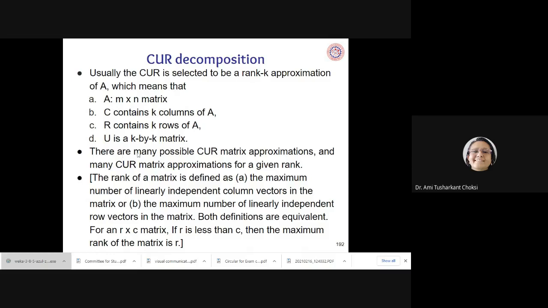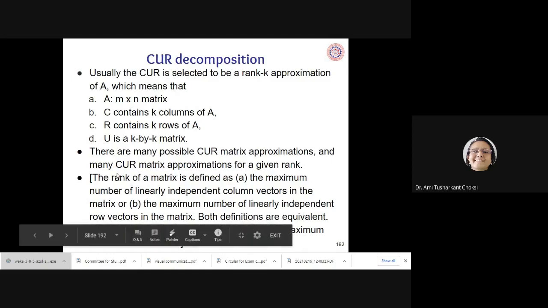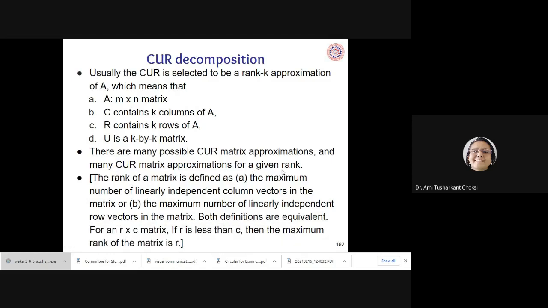There are many possible CUR matrix approximations for a given rank. And what do we say about the rank? The rank is rank of what? Rank of a matrix is defined as the maximum number of linearly independent column vectors in the matrix, or the maximum number of linearly independent row vectors in the matrix.